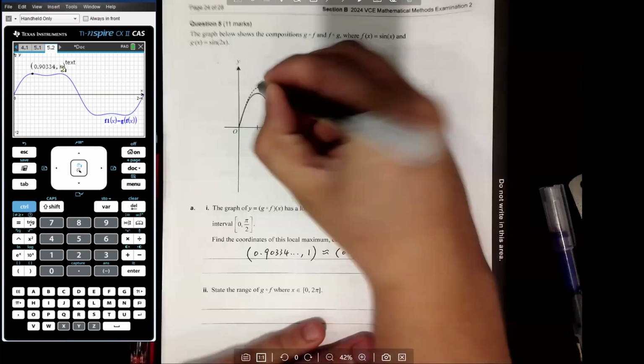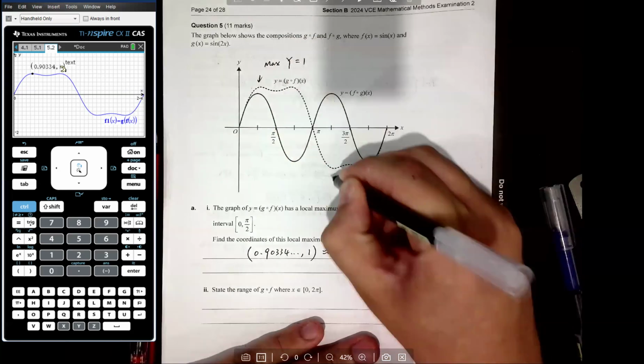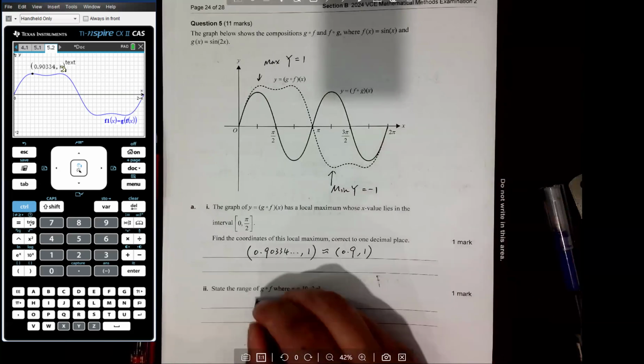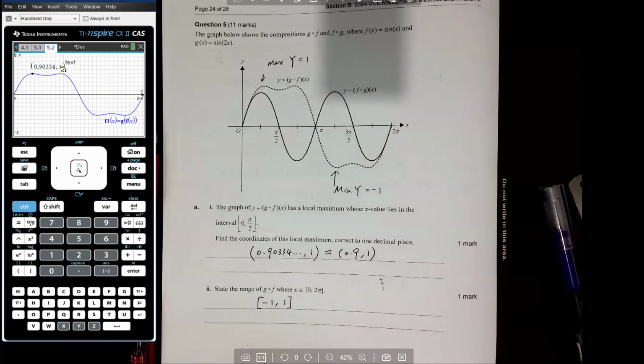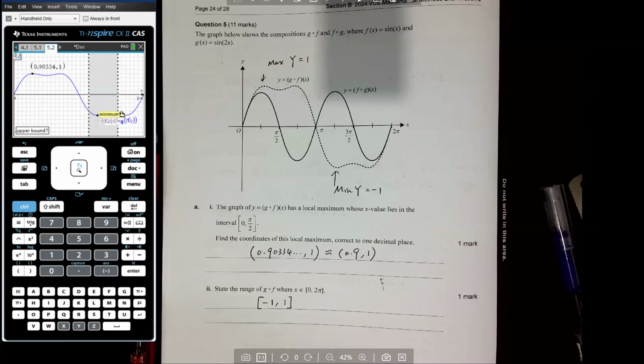So you can see this maximum y equals 1. Then the minimum y by symmetry is minus 1. That's why I would say it's minus 1 to 1 exactly. Believe it or not, you can use menu, analyze graph to look at the minimum. Yep, this is minus 1.